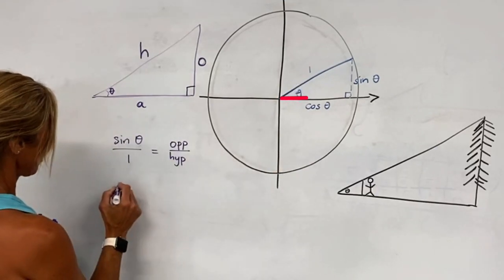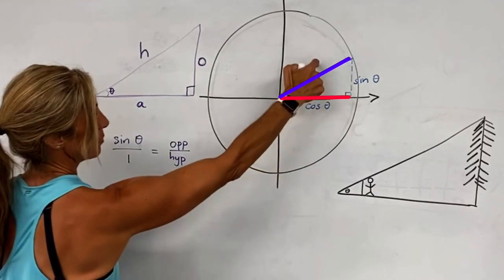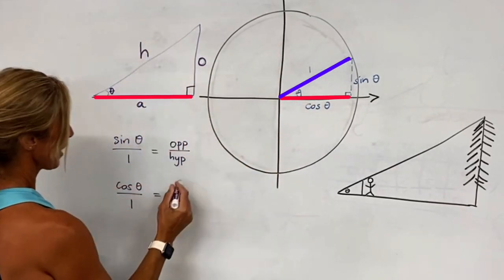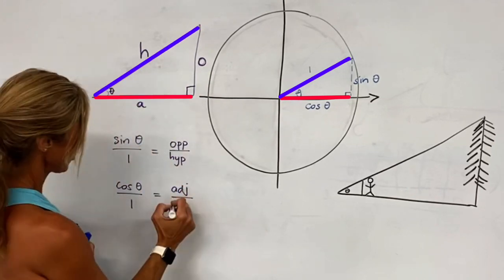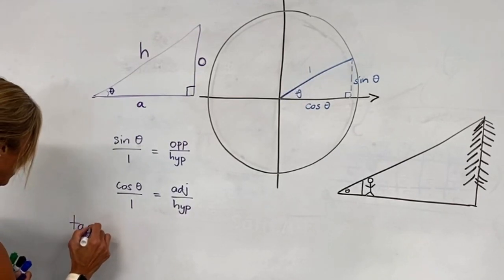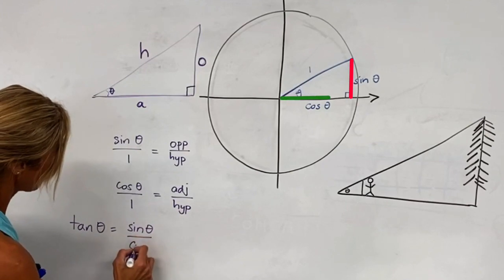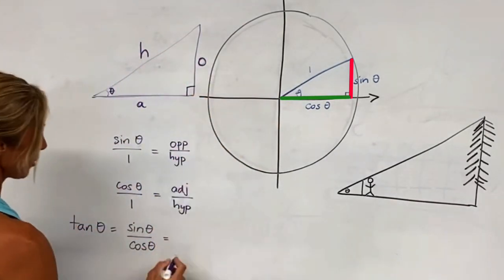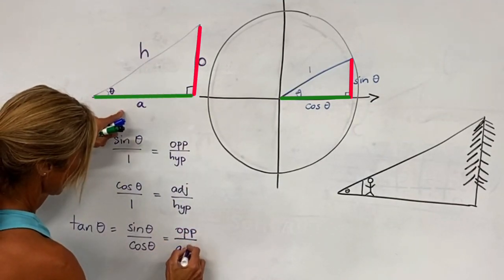Similarly, cosine of the angle divided by 1 on our unit circle is equivalent to A, or adjacent side, divided by the hypotenuse. And tangent theta, which we know to be sine theta divided by cosine theta, if we look at the similar triangles, happens to be opposite over the adjacent side.